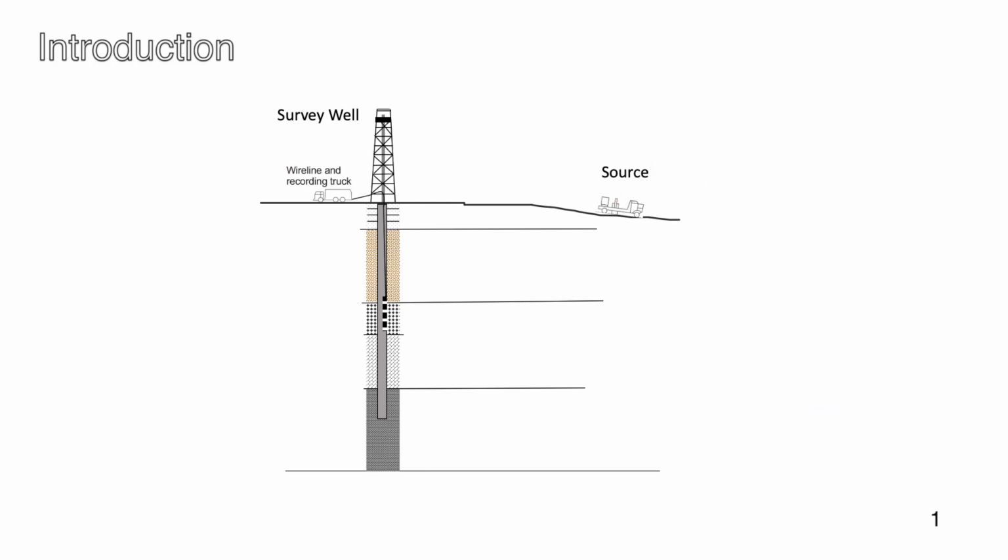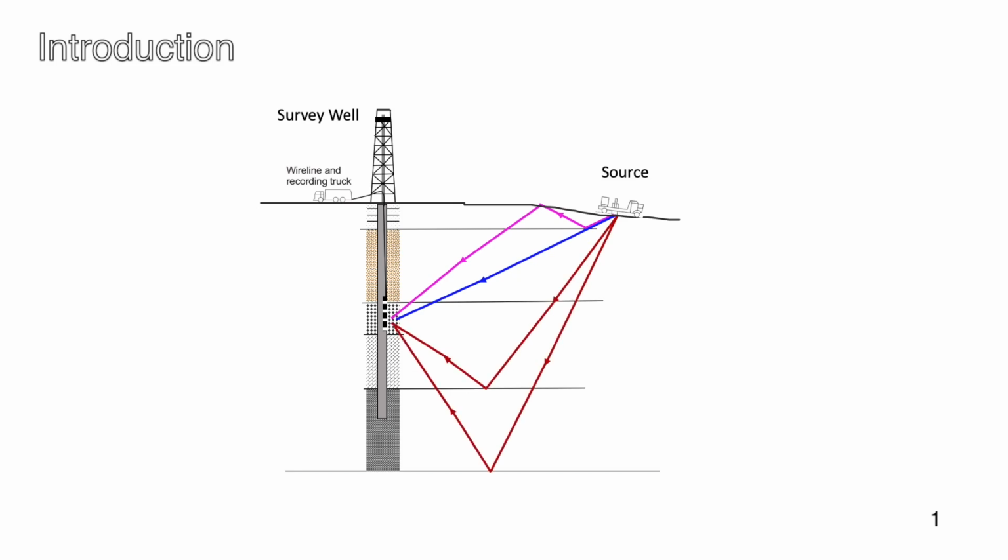The VSP surveys are used to obtain rock properties and seismic images in the neighborhood of the wellbore. With the presence of subsurface reflectors, the main events a receiver would record include the downgoing direct arrivals, the downgoing multiples, the upgoing primary reflections, and the upgoing multiples.